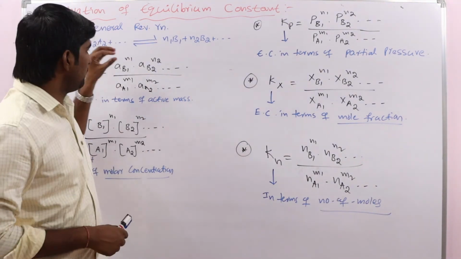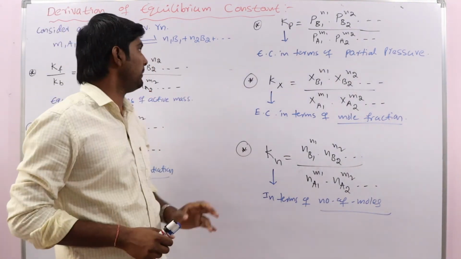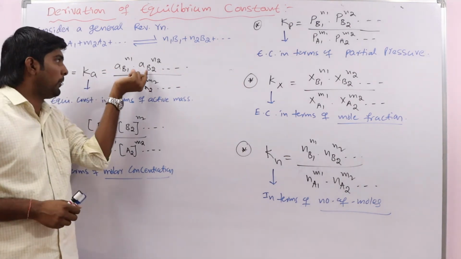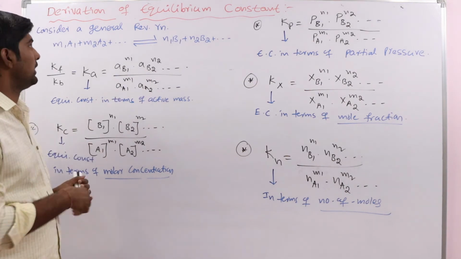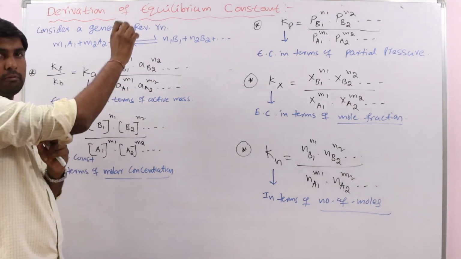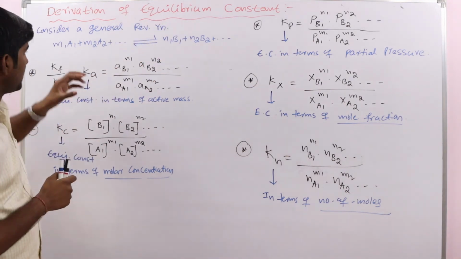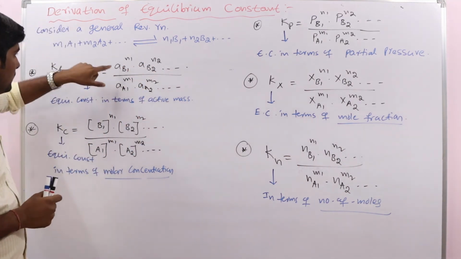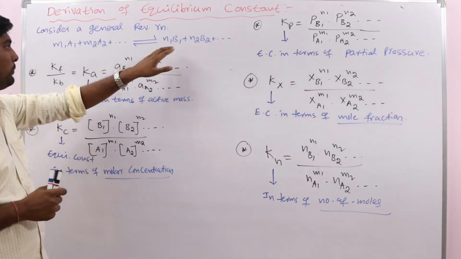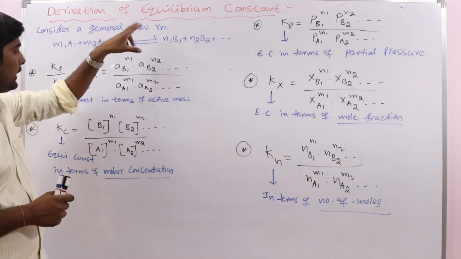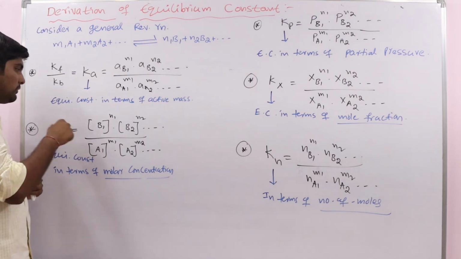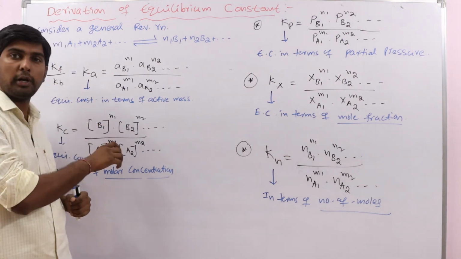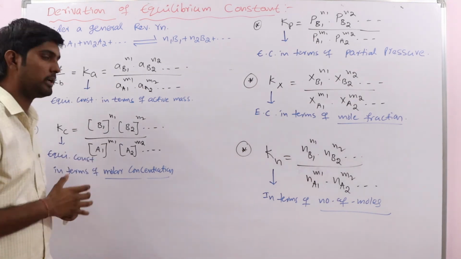One of the most important things to remember is that these are the active masses of products and reactants at equilibrium, taken only after the equilibrium is established. These are the molar concentrations of the reactants and products at equilibrium, not the initial concentrations.